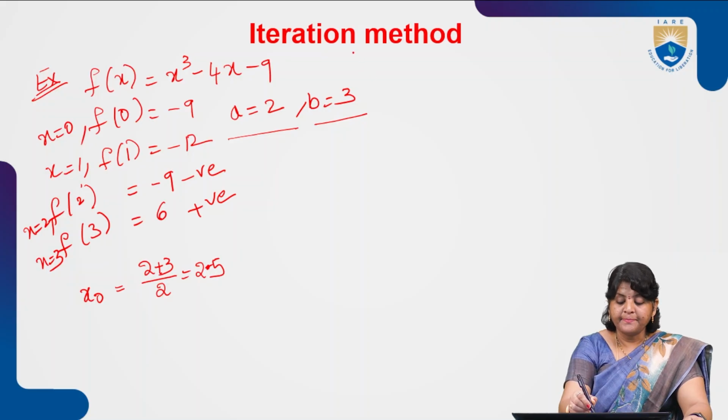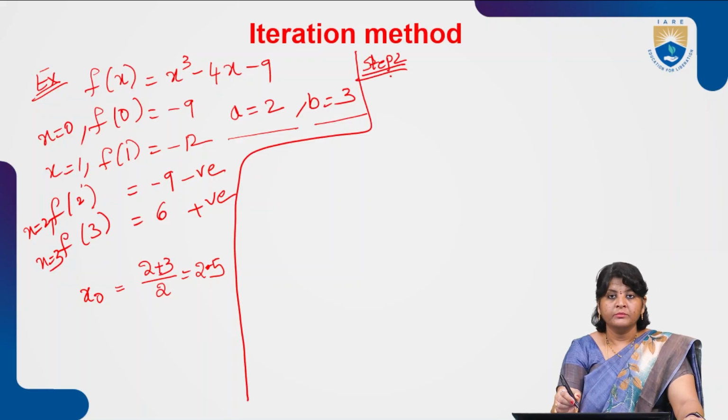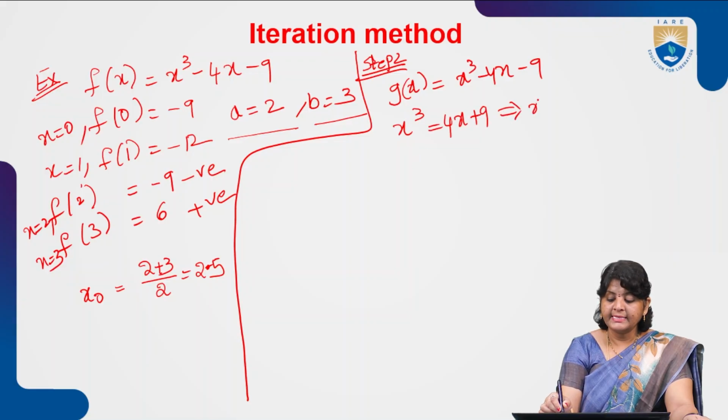Now this is step 1. Now what is step 2? Now I will take step 2, as the given function is g of x, where we need to consider x cube minus 4x minus 9. Now I will reorder this expression as x cube is equal to 4x plus 9, where x is equal to (4x plus 9) whole power 1 by 3.